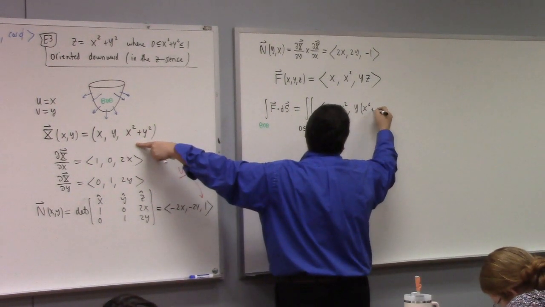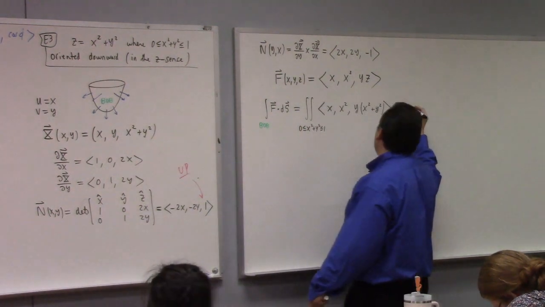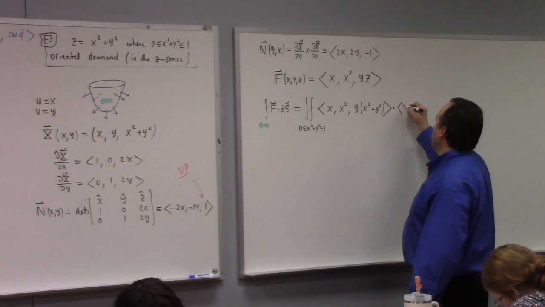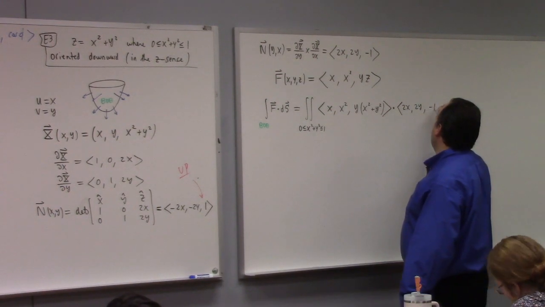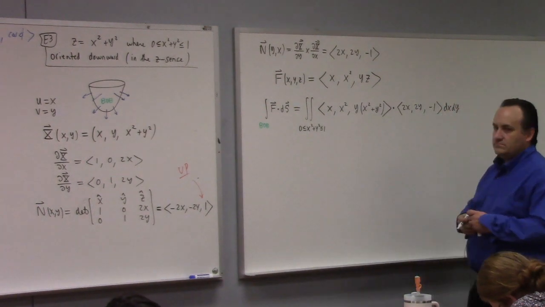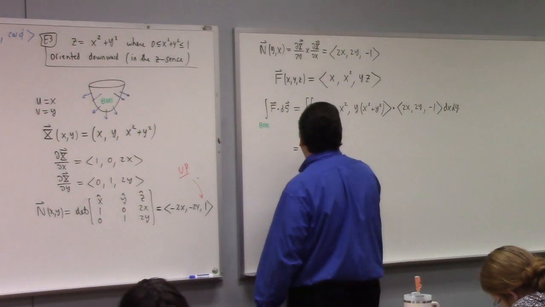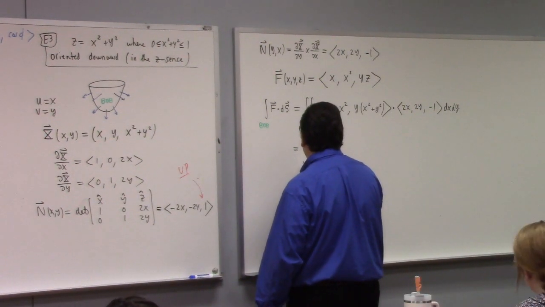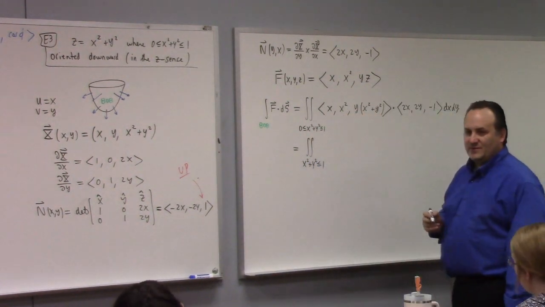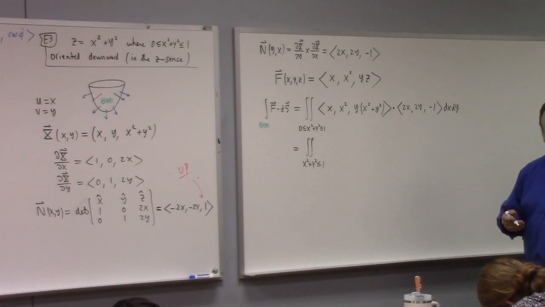So if we're using x and y as parameters, everything except for x and y has to go away in the process of the integration. And then we're taking the dot product with 2x, 2y, minus 1, and that's integrated over dx dy. So you take the dot product. That's not too bad. It occurs to me that I can just as well say x squared plus y squared less than or equal to 1. The fact that it's non-negative is automatic because of the expression.